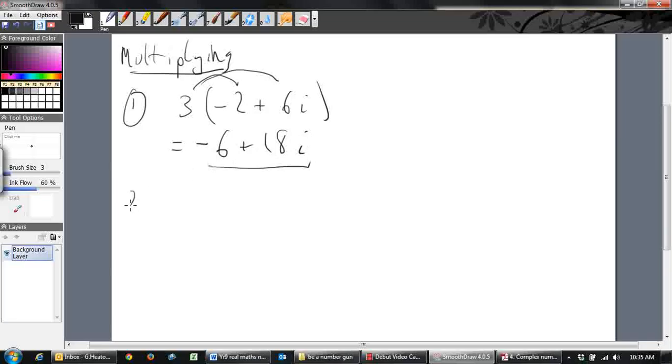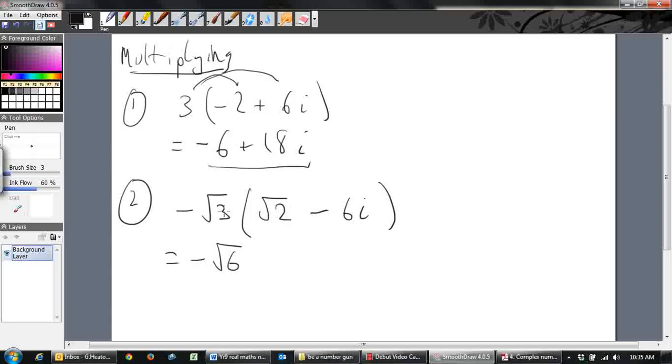So you end up with -6 + 18i. Very simple. So what would -√3 times (√2 - 6i) be? Again, just multiply it out. Negative root 3 times root 2 is negative root 6. Negative root 3 times negative 6i is positive 6 root 3 i. And so that would be your answer to that.